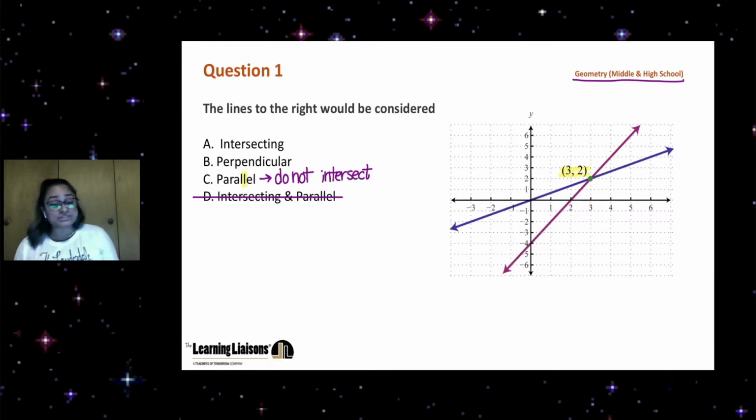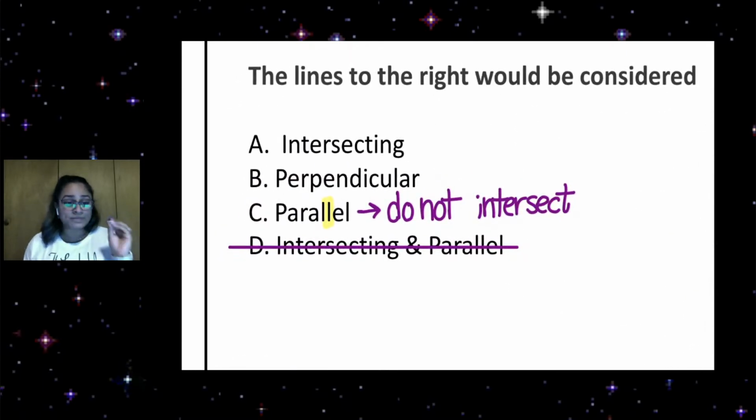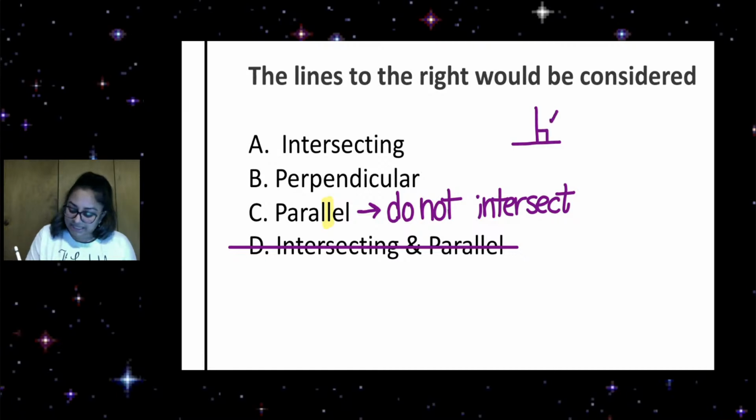Now we're left with intersecting and perpendicular. I know a lot of people know that perpendicular lines look like this, and they generally create something special. That thing that's special is a 90-degree angle. Two lines that are perpendicular create a perfect 90-degree angle.